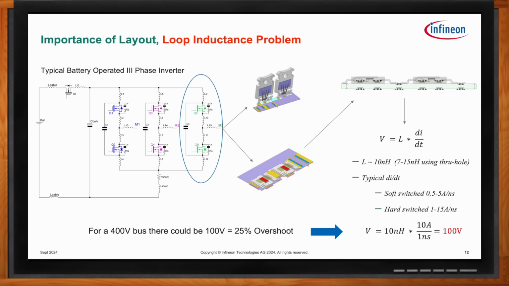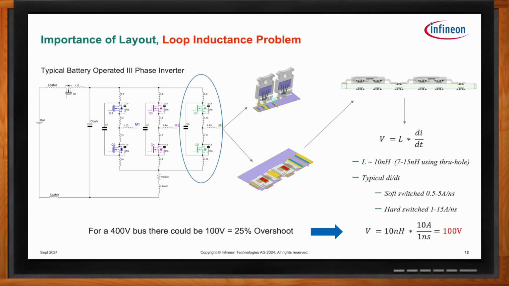So assuming a hard switching half bridge constructed using through-hole devices with an overall loop inductance of about 10 nanohenry and a current rate of change of about 10 amp per nanosecond, we arrive at a 100 volt overshoot, which for a system that operates from a 400 volt bus constitutes about 25% overshoot.